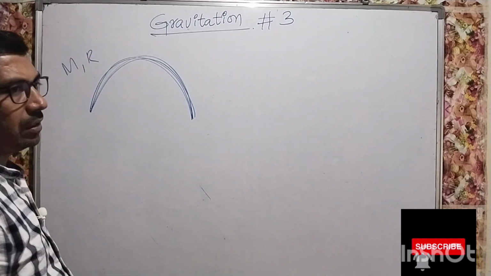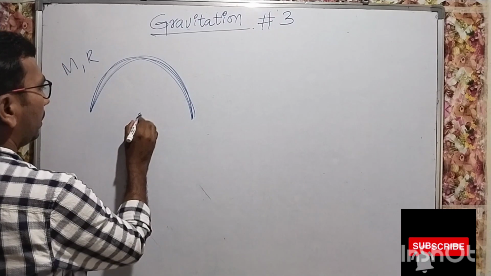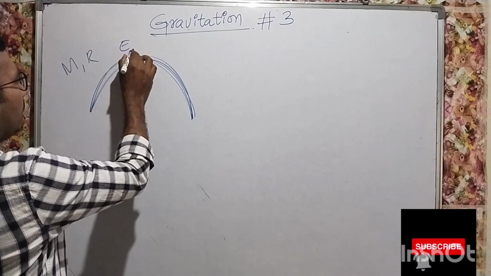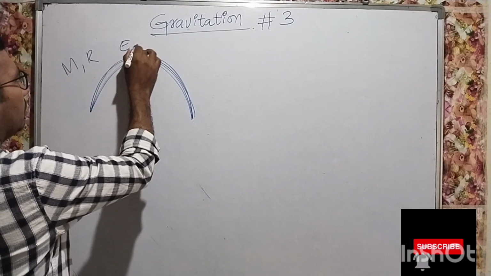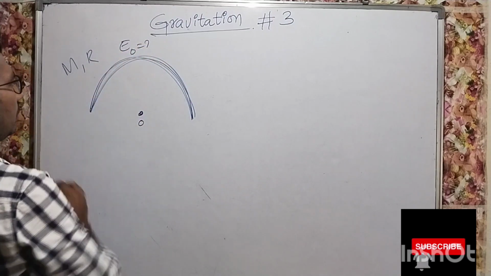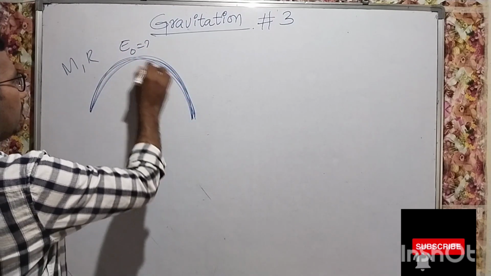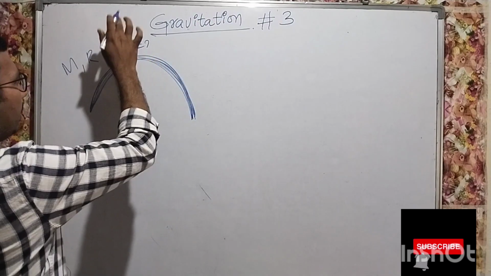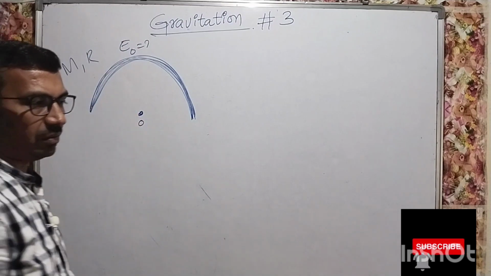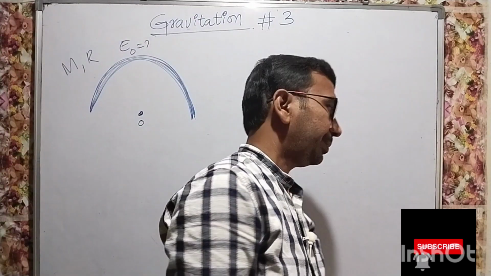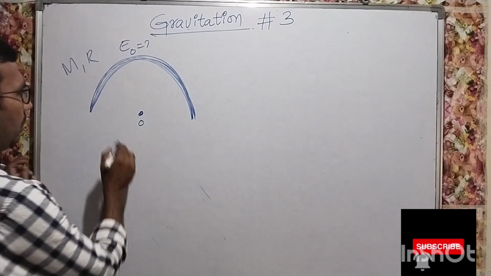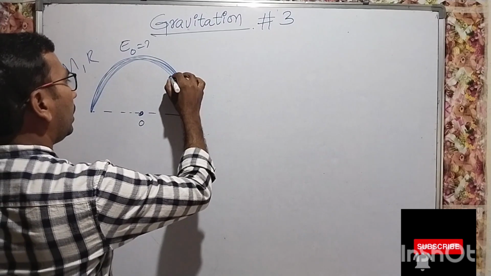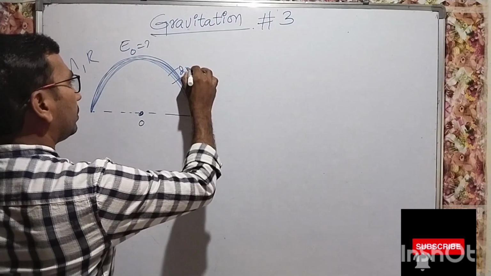You can find the gravitational field at the center O. Consider a semicircular ring of mass m and radius r, and find the gravitational field at center O. I will consider a small element of mass dm.